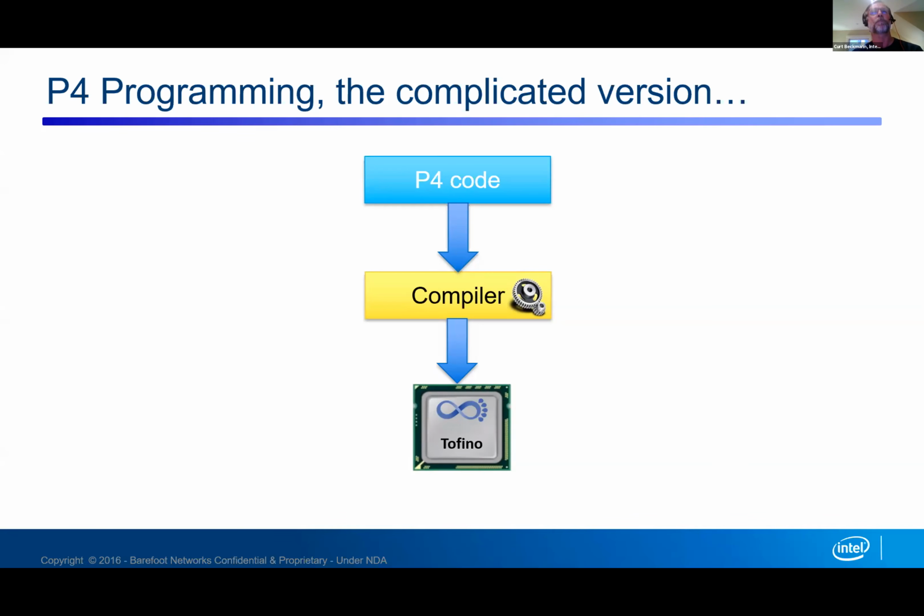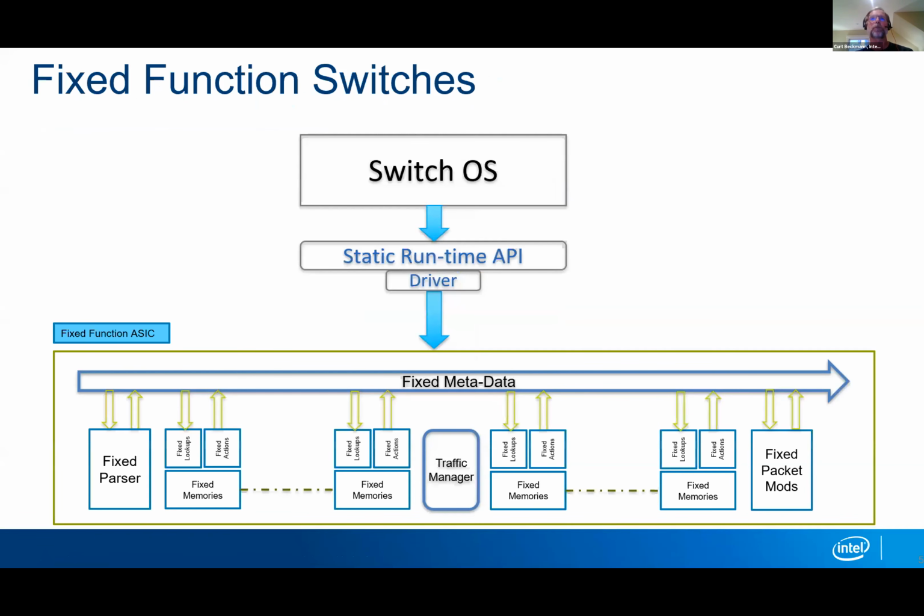But it is a language that was conceived quite some time ago, and the idea is that we have this fixed function version, the classic Ethernet switch that I designed years ago, long before Barefoot, and you have a fixed parser.